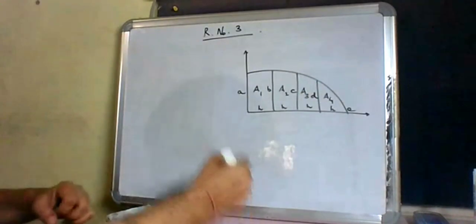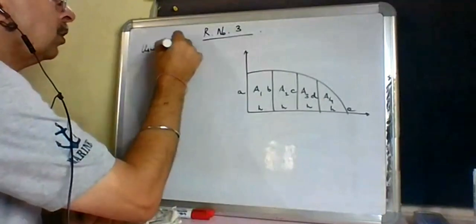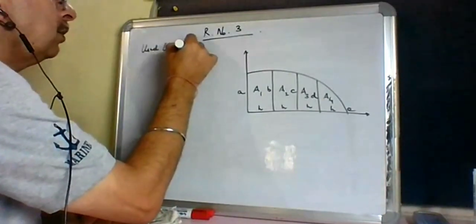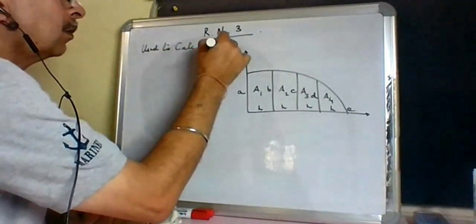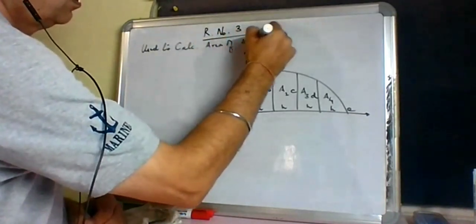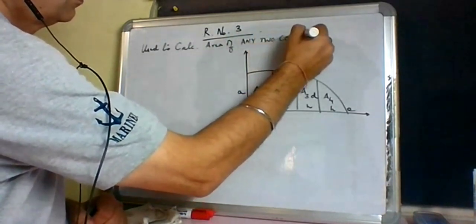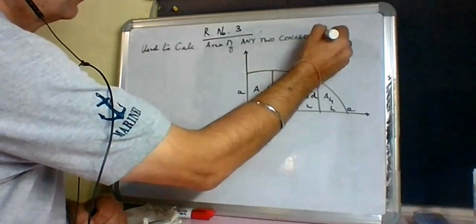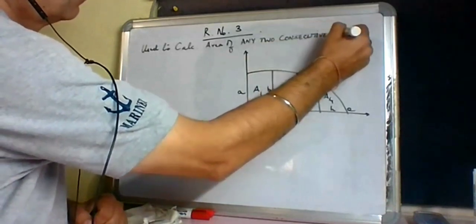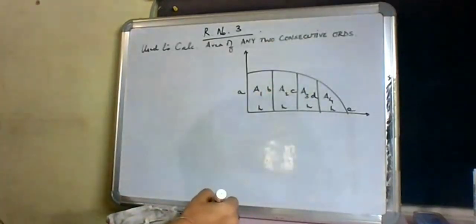Rule number 3 is used to calculate area of any two consecutive ordinates.